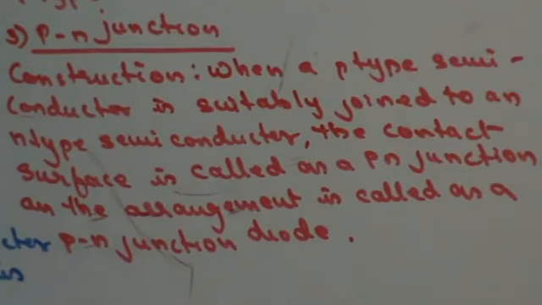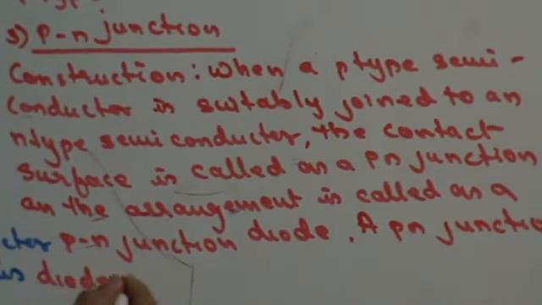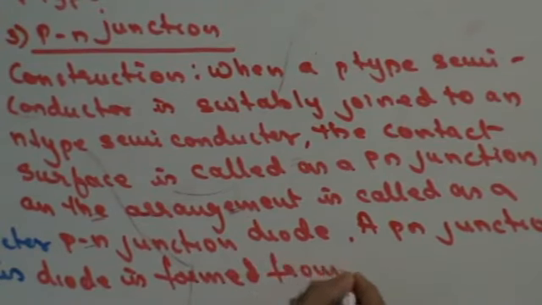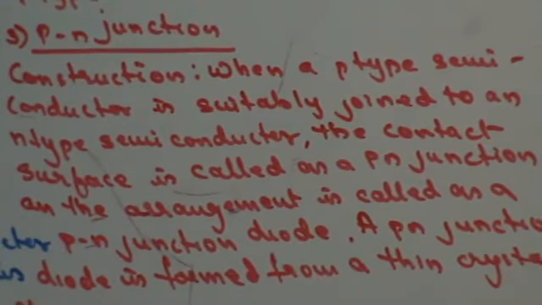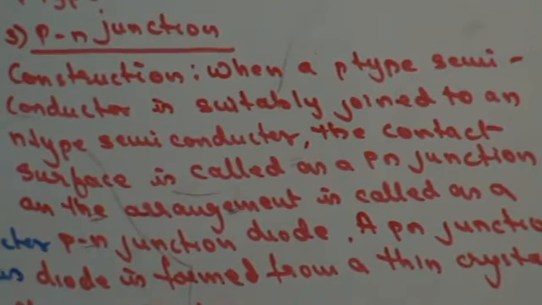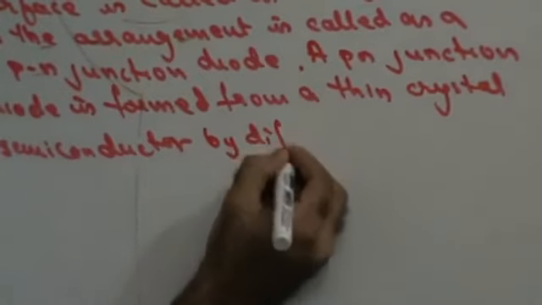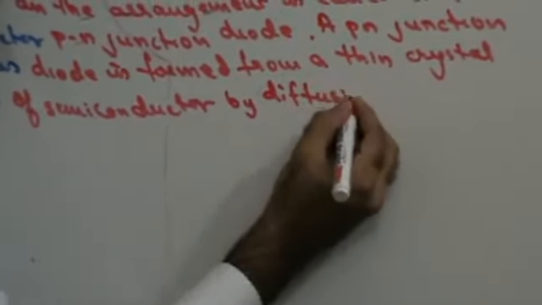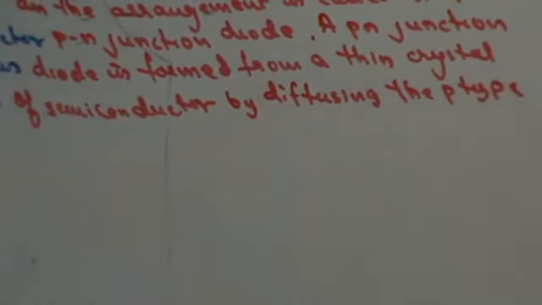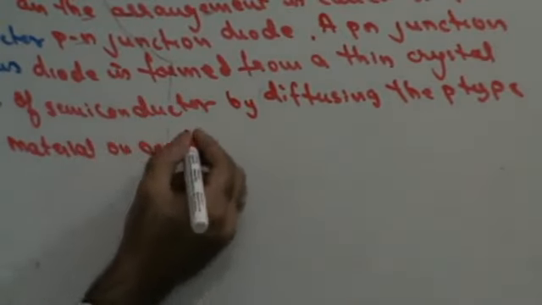A p-n junction diode is formed from a thin crystal of semiconductor by diffusing the p-type material on one half side and the n-type material on the other half side.